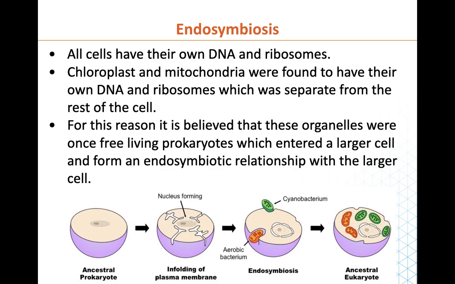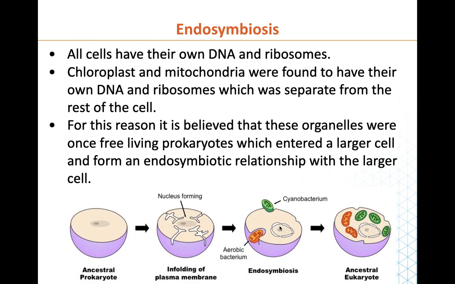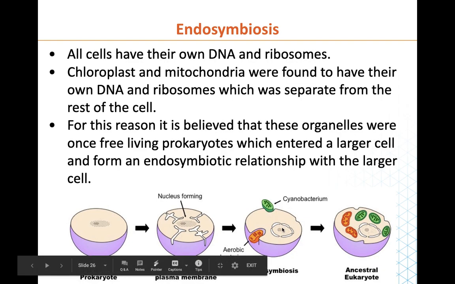All right, and something that is very important about chloroplasts and mitochondria is they're believed to have entered into eukaryotic cells through a process called endosymbiosis. Endosymbiosis basically means that a specific organism entered a cell, and after it entered the cell, this relationship was a huge advantage for the organism and the cell that they decided to just stay together.